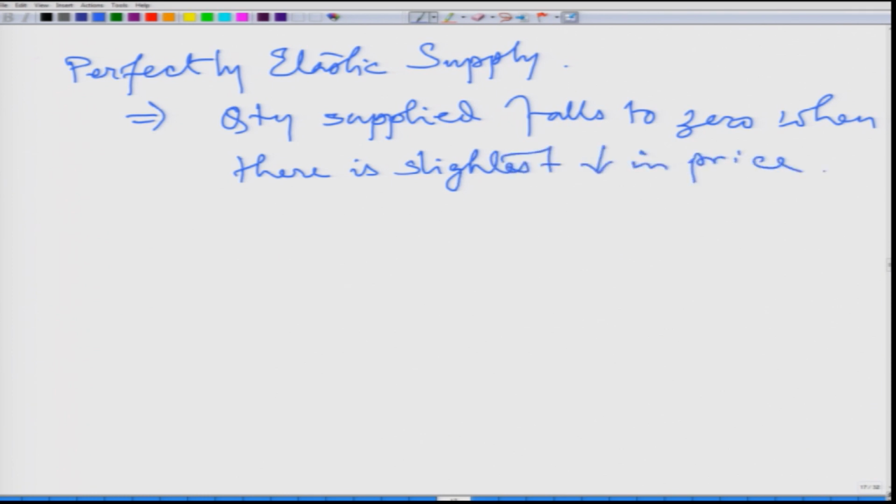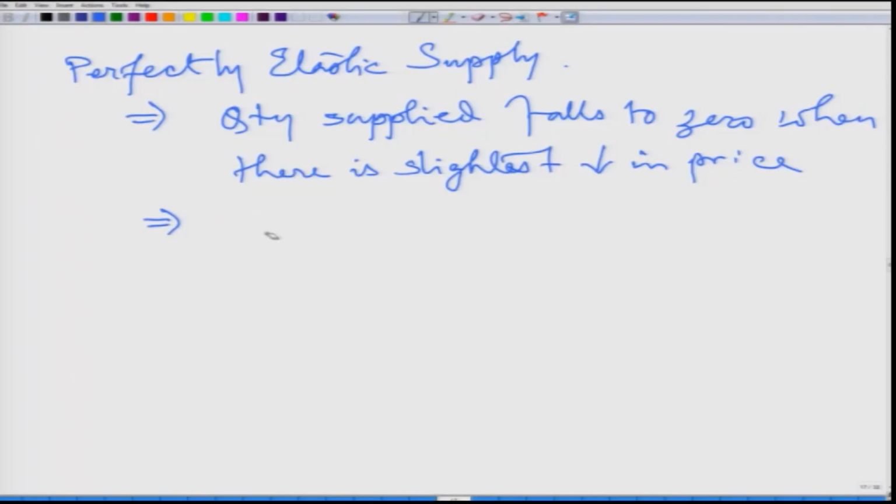That means if the price is falling, the supplier is no more interested in supplying that commodity. So this is a perfectly elastic supply. Even a slight change in price makes the quantity supplied fall to 0, and the supply curve is horizontal to price.